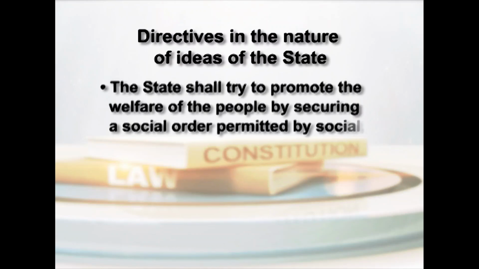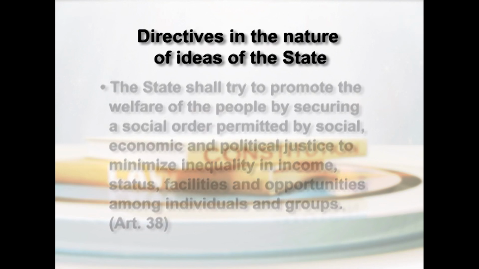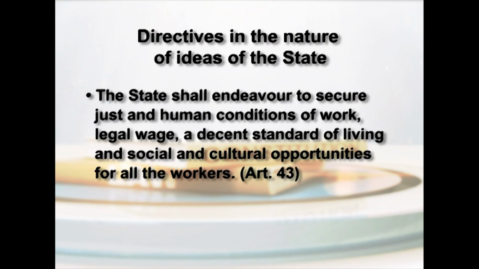The state shall strive to promote the welfare of people by securing a social order permeated by social, economic, and political justice to minimize inequality in income, status, facilities, and opportunities among individuals and groups. Article 38. 2. The state shall endeavor to secure just and humane conditions of work, a living wage, a decent standard of living, and social and cultural opportunities for all the workers.